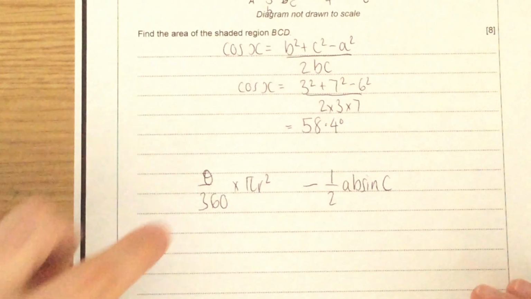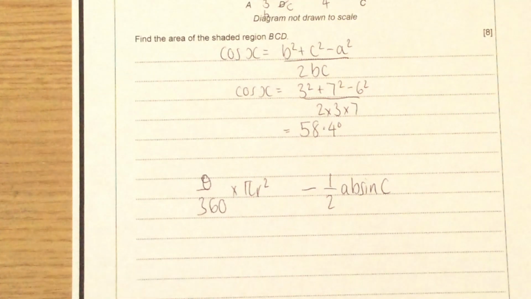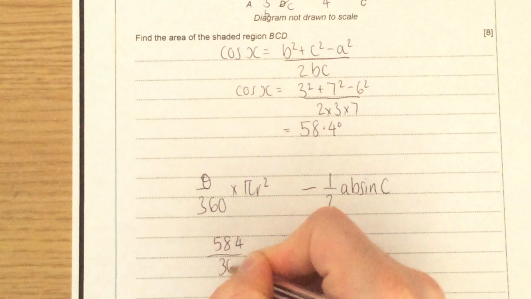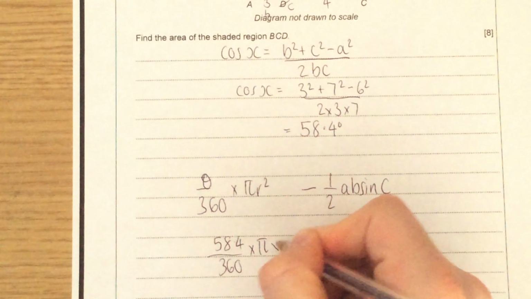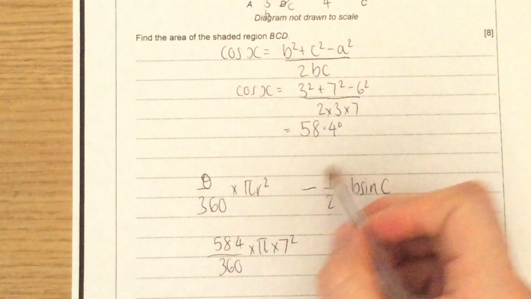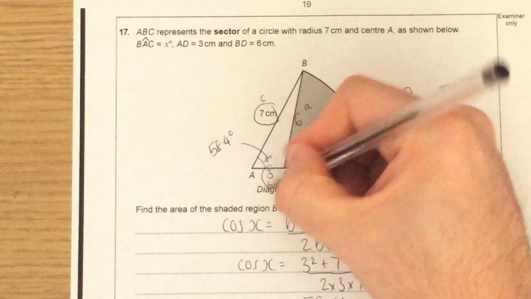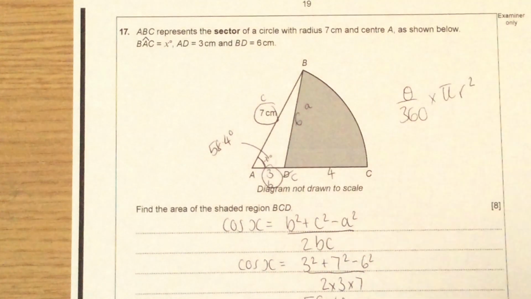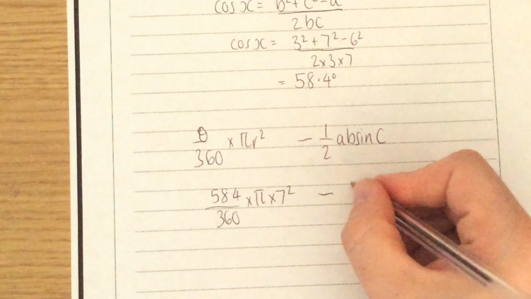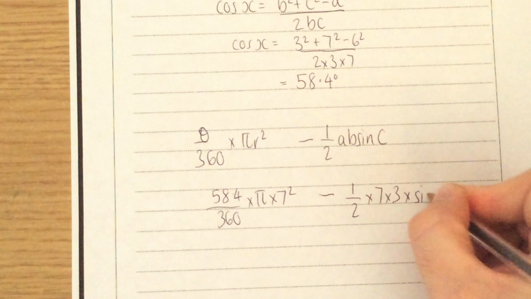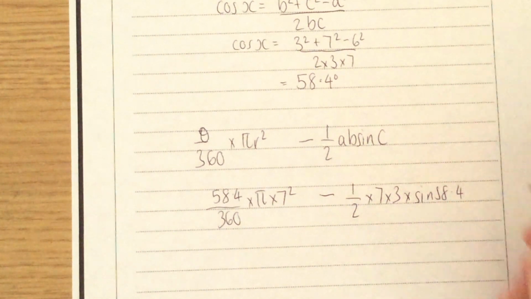So, in the context of this question, theta is 58.4 divided by 360 times pi times 7 squared. And then for the triangle, the 2 sides I'm going to use are 7 and 3, and then I can use the angle in between them. So it becomes a half of 7 times 3 times the sine of 58.4.